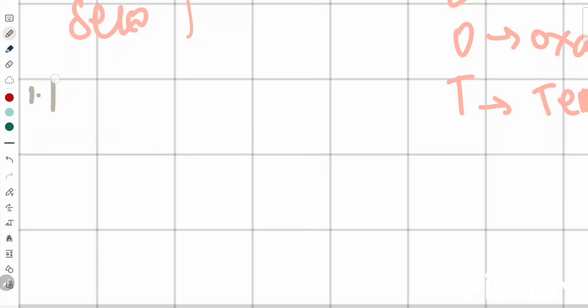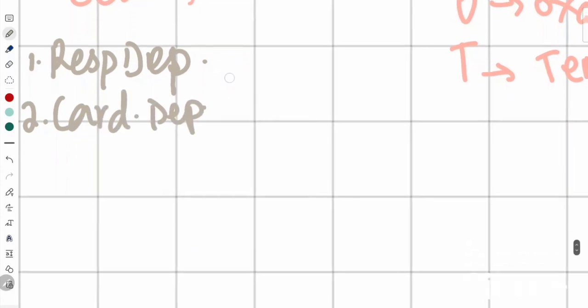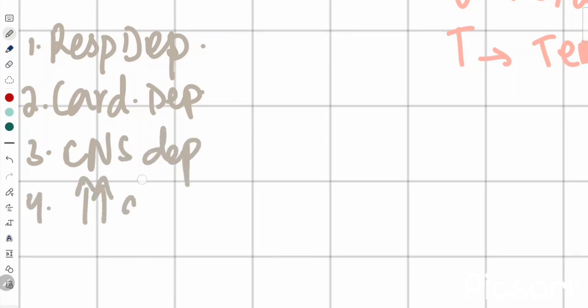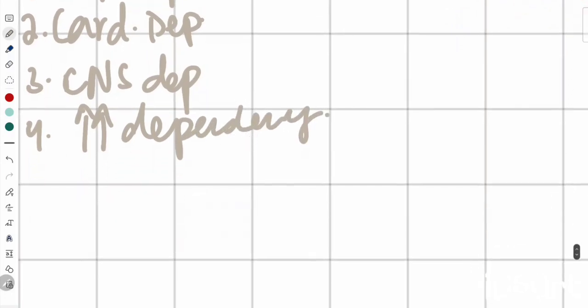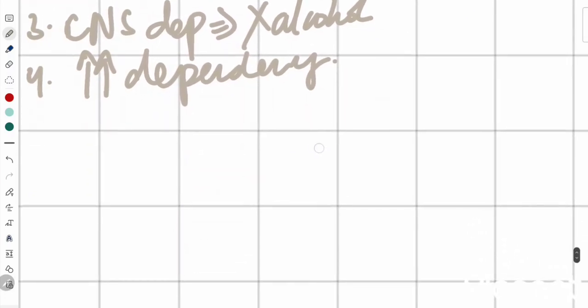So the single one thing is that it is going to cause respiratory depression. Second is cardiovascular depression. Okay, and then of course CNS depression. And it has a very, very high dependency. And because of its CNS depression, never give it with alcohol because that is just going to make it worse.